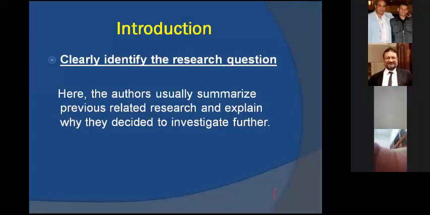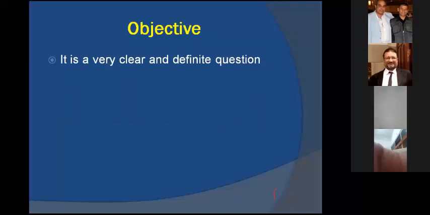Usually, the authors summarize the previous related research and explain why they decided to investigate this topic further. They have a point, and we shall know it when we read the paper. Again, we have the objective of our study. The objective has a very definite, clear question and tells us we are going to answer this question as best we can.